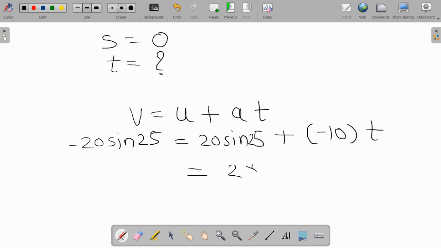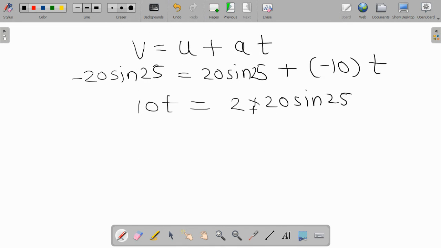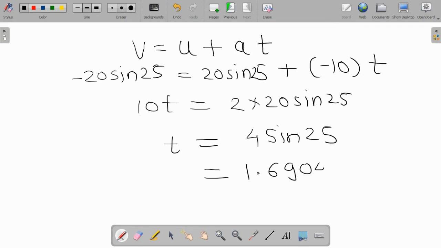So it will become 2 into 20 into sin 25 equal to 10t. Simplifying it further, it will lead to t is equal to 4 sin 25. We can use our calculator to find out the answer for this, and it comes out to be 1.6904 seconds.